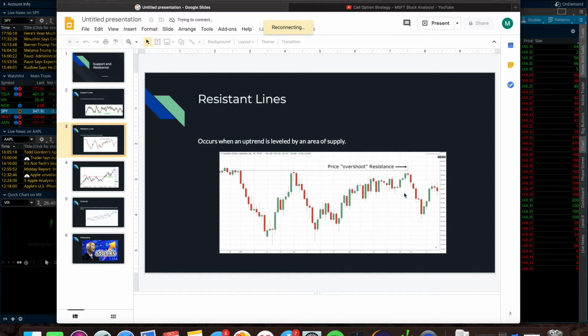So this becomes the resistance line because a lot of sellers and a lot of people who want to short the stock and take profits are at this level. The resistance is when the stock can't go any higher and then we start to see lower lows. However, we could also break out of the resistance and make higher highs.